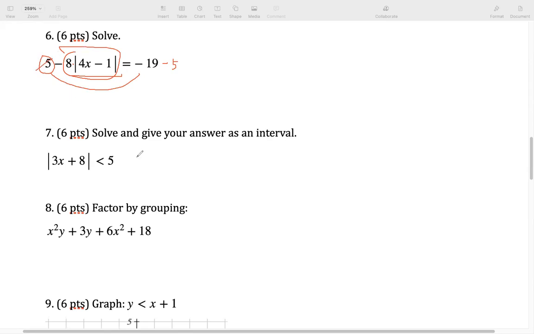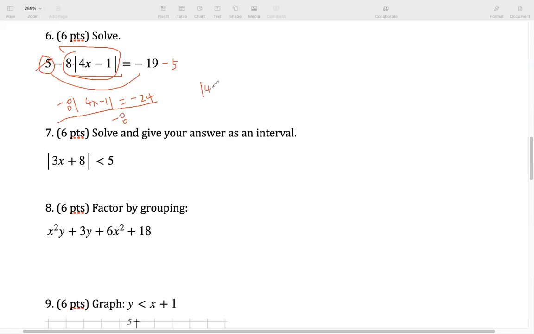Then we have negative 8 times absolute value of 4x minus 1 equals negative 19 minus 5, negative 24. You see negative 8 multiplied by this absolute value expression. So now we can divide both sides by negative 8 to get rid of the negative 8.